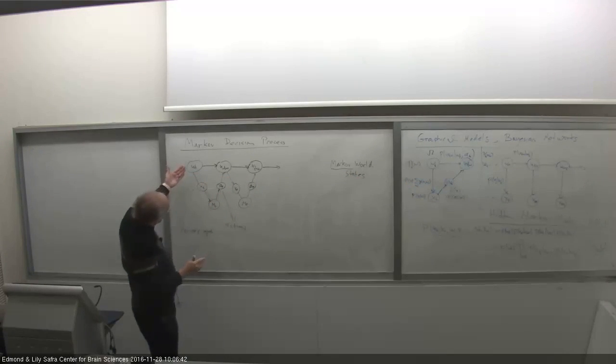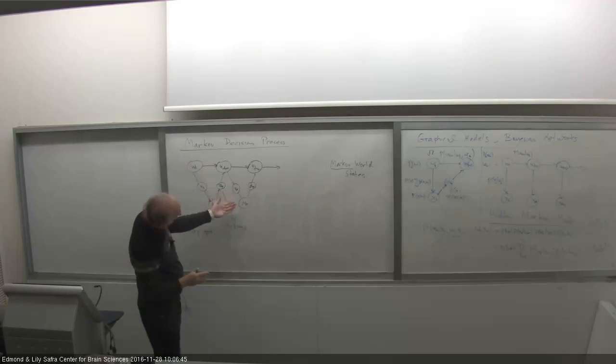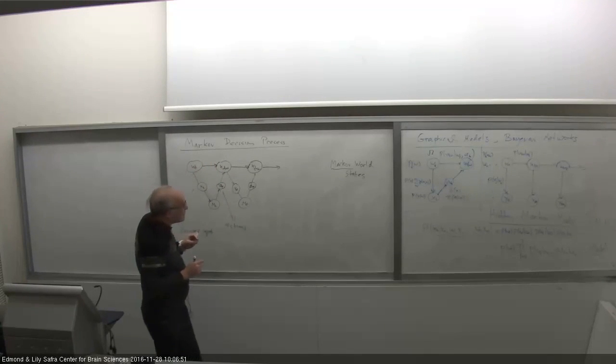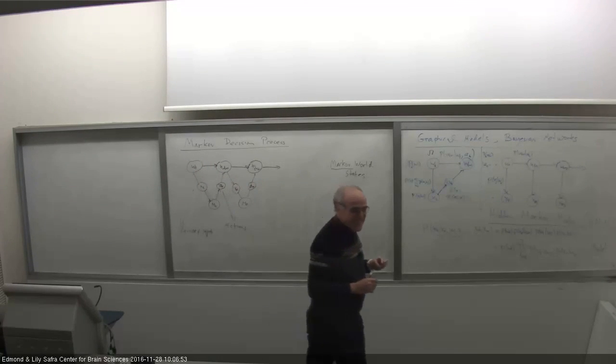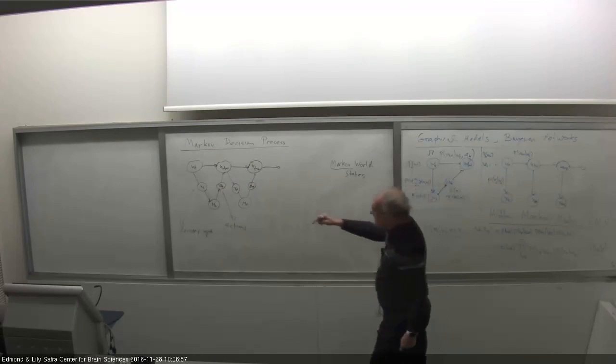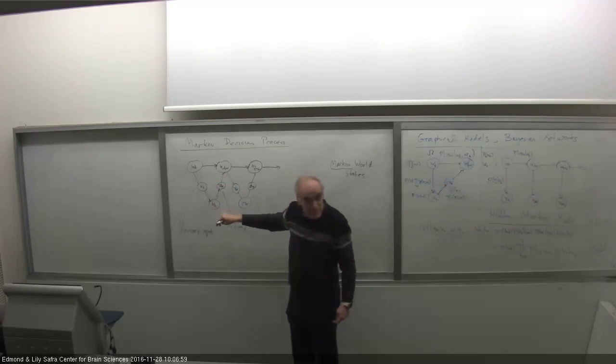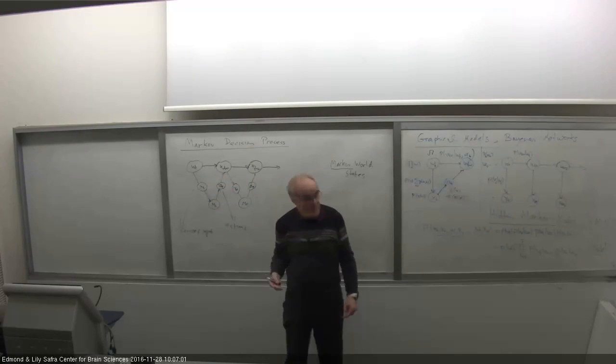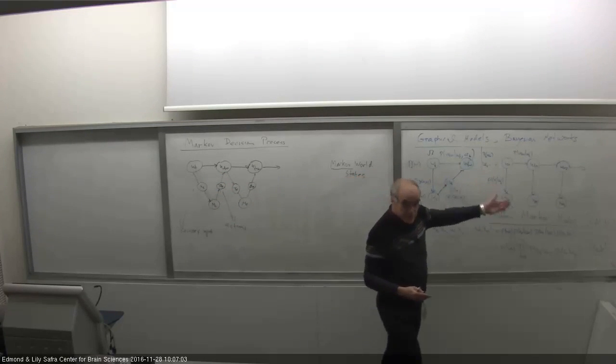So here I have something like an HMM, but this is not really an MDP. It's already what we call a POMDP, or partially observed Markov decision process. If the state is really hidden from me, then I am in a much more complicated state. This isn't precisely as in the HMM.